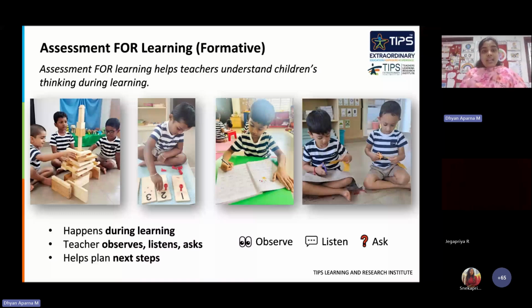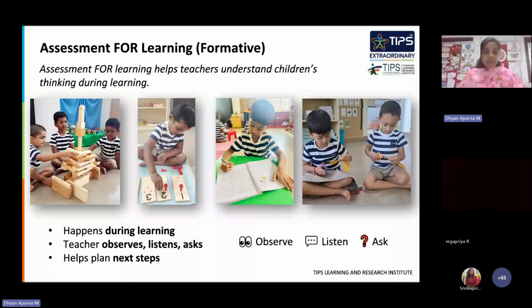We can understand their learning by observing the process, by listening to what they say, by seeing how they play, explore, and question. When a child is doing something, asking questions, or even getting confused, their thinking is visible to us, right?